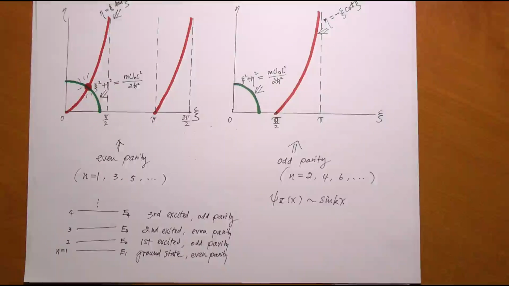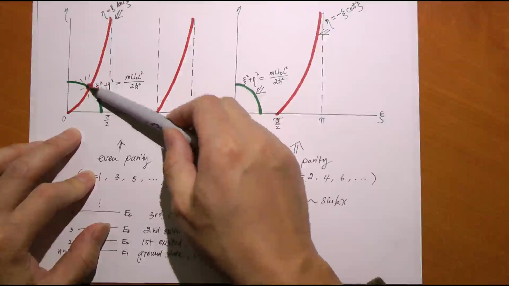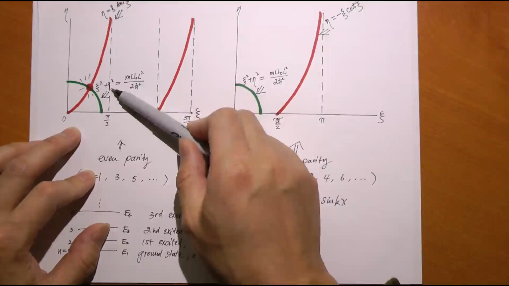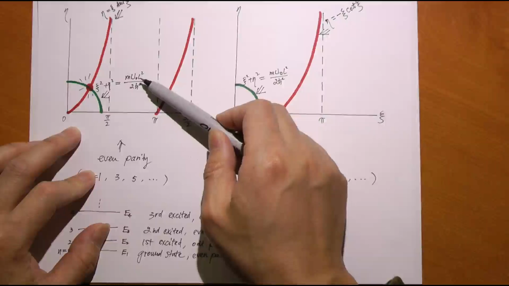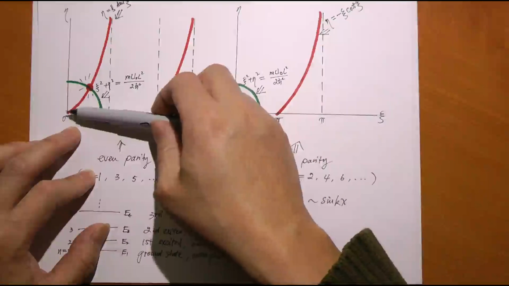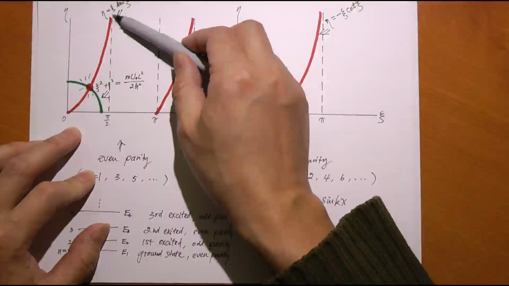So here is a plot of eta and psi. The green circle represents our second equation, eta squared plus psi squared equals this constant, mu L squared over 2 h bar. And the red curve represents our first equation, which says eta equals psi tangent psi.